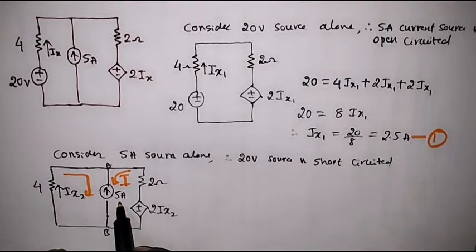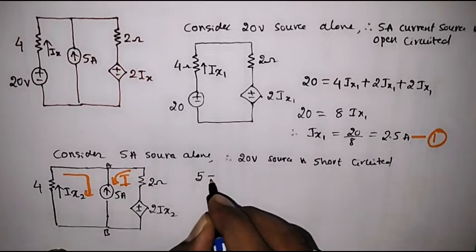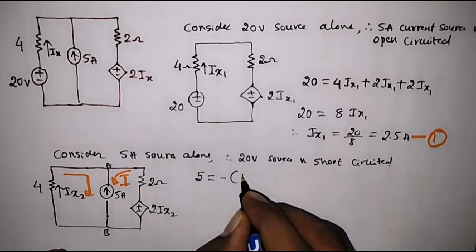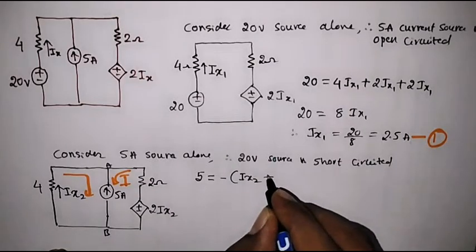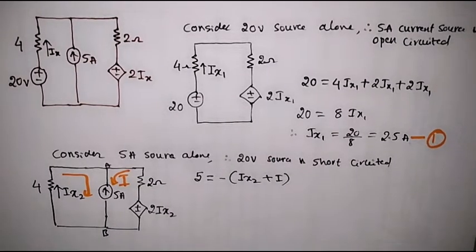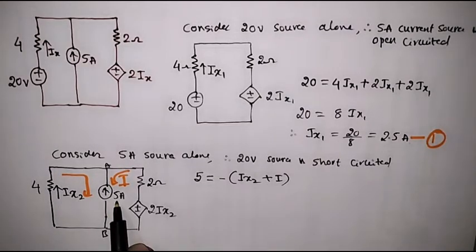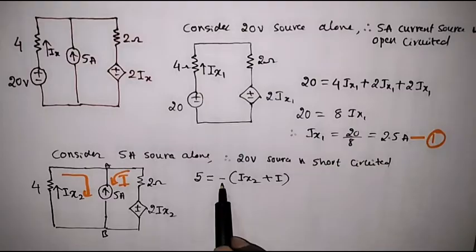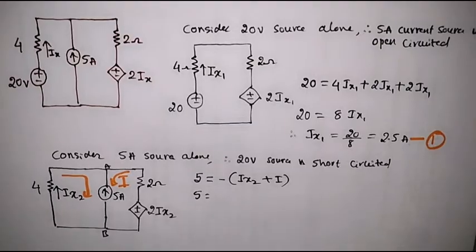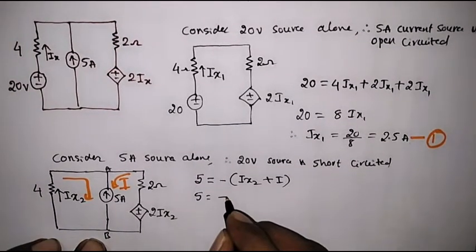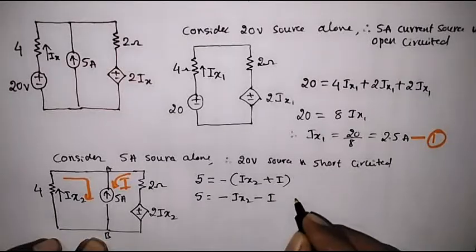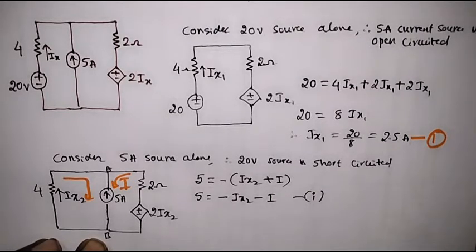Here 5 amp current is flowing from B to A. Current Ix2 is flowing from A to B, whereas current I is also flowing from A to B. Therefore I can say 5 is equal to minus of Ix2 plus I, because the 5 amp current source is opposite to these two directions. I'll simplify this. 5 is equal to minus Ix2 minus I. Call it equation 1.